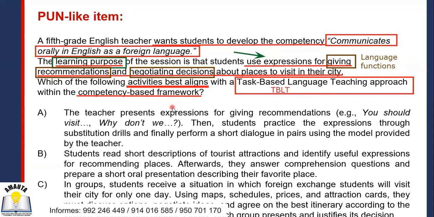Here we have three different activities. The first activity is that the teacher presents expressions for the language functions, for giving recommendations, for example, "you should" or the question "why don't...", etc. The teacher presents these expressions and then students practice the expressions through substitution drills.